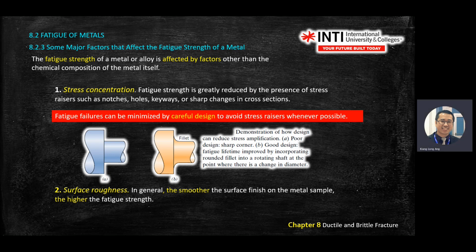So that's why in aerospace design, in aircraft, we try to avoid rough surfaces. We try to polish it as smooth as we can. Especially nowadays, the aircraft use a lot of composite. So there's a reason why we don't like rough surfaces. Besides, it supports aerodynamic properties. On material, we don't want to have stress raisers on the surface.